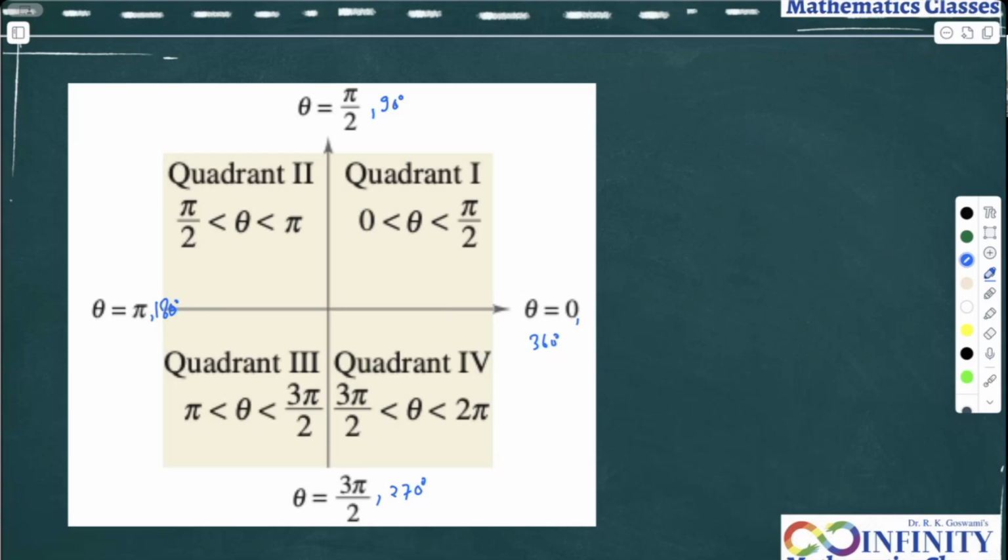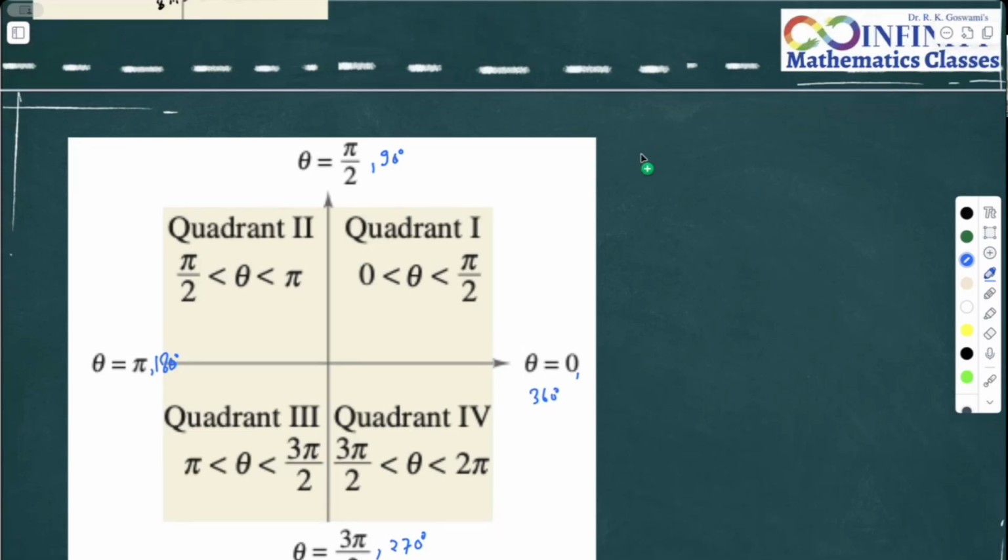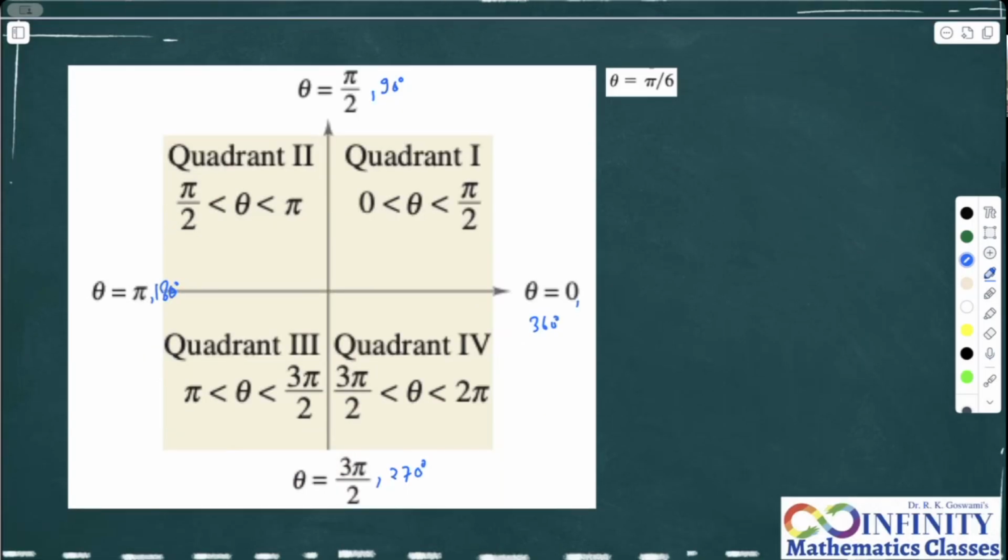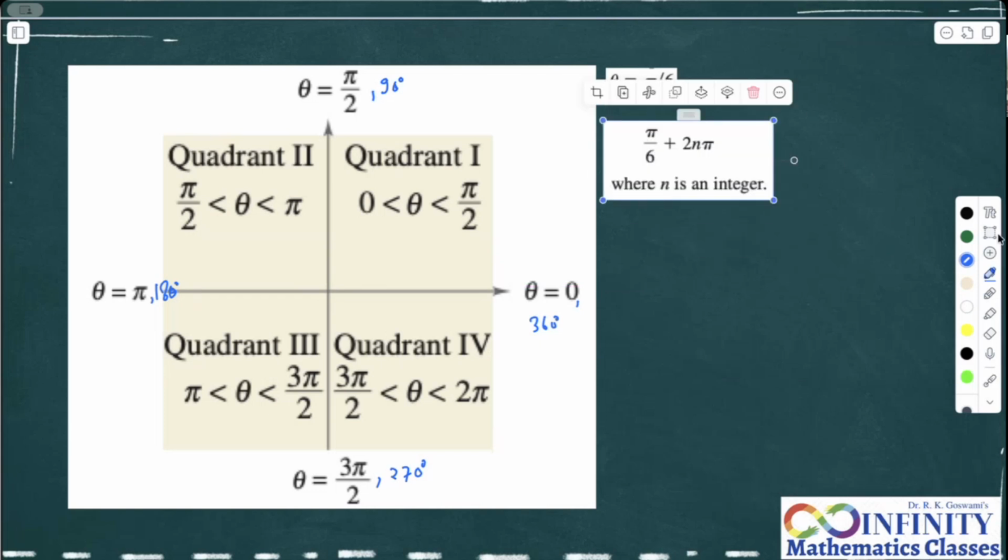One more thing I wish to tell you. Just suppose there is an angle theta equals pi by 6. Consider the situation. Can you please help me, in which quadrant is it going to be? It's going to be in quadrant 1.